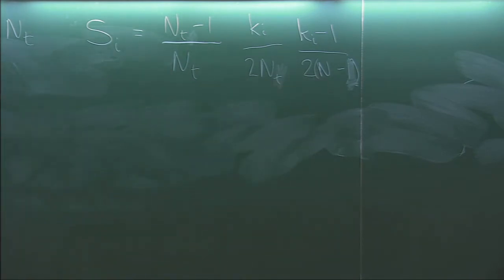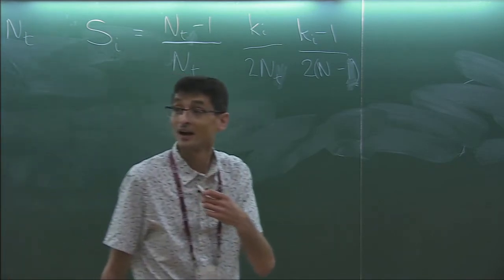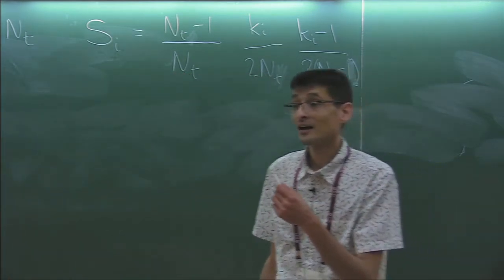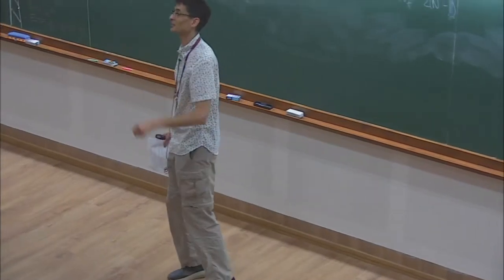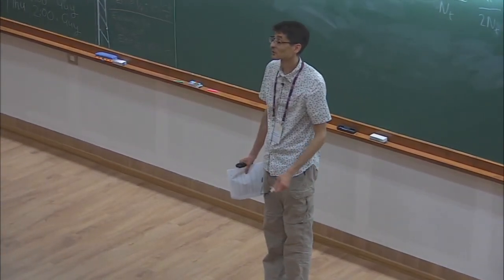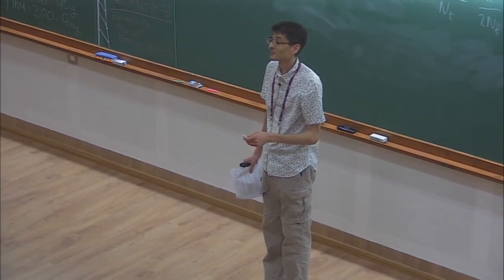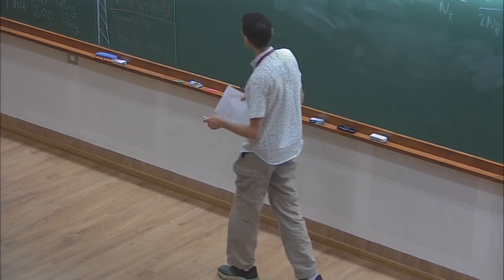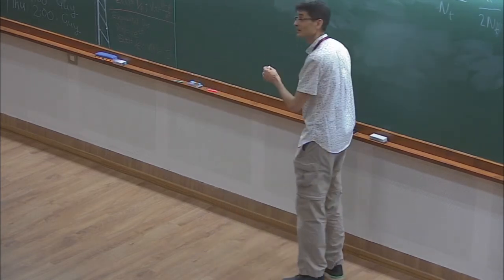Yeah? So ki is the number of offspring? Yes. And then each offspring has 2 alleles? That's right. So should it be 2 ki? No. If you think about it, you don't want to double count. Actually, this will come up later.